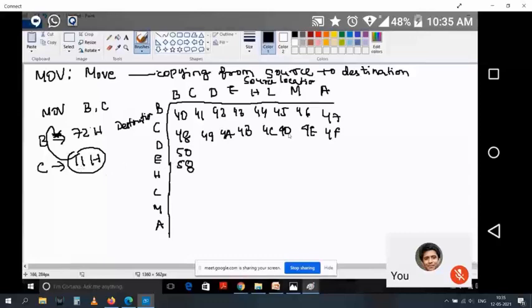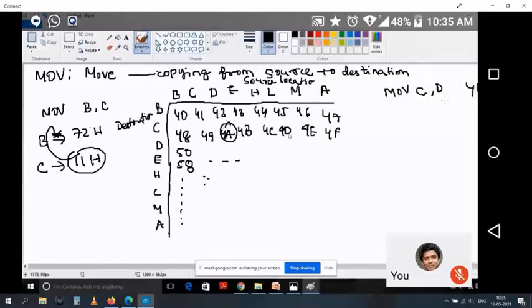So there are various values for all the combinations. Here also there are values and here also there are values. So if I'm moving from D to C, then this is my 4A. This will be my code. It is already put there.